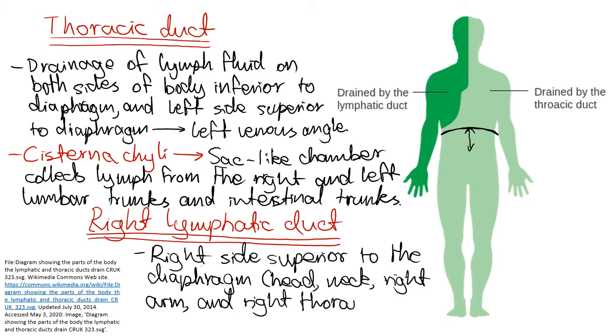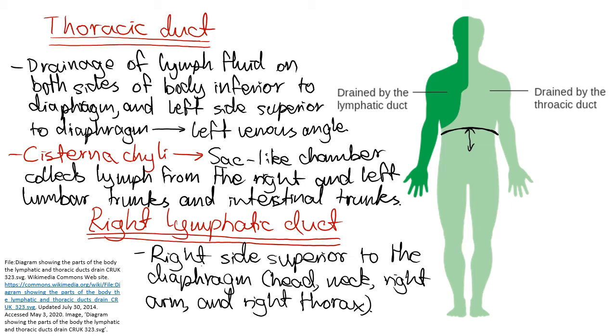So the area obviously is a lot less than the area drained by the thoracic duct, but in principle, if we talk about the diaphragm as a landmark, it's essentially just the same concept, just on the opposite side.